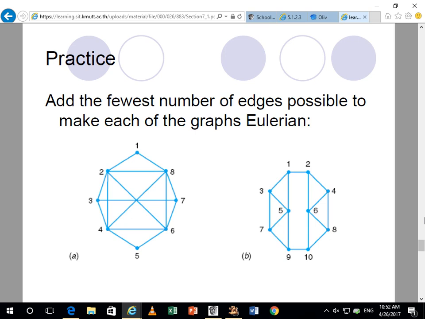So again, for most of you, it's better to list the nodes, the number of edges, and then answer the question.